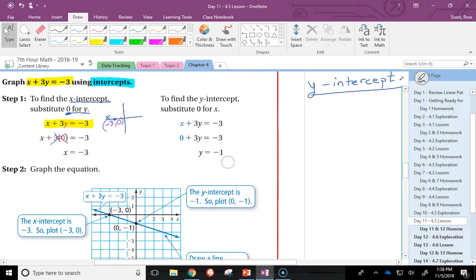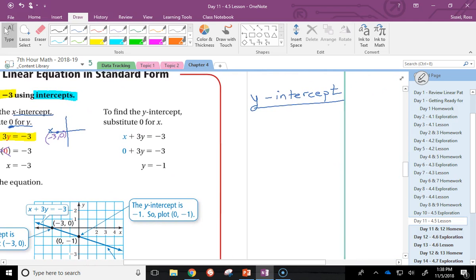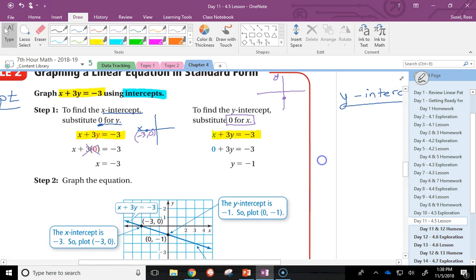We are going to scroll over to the y-intercept. It's the exact opposite. This time, we want to cross my y-axis. So I'm going to find a point. It's going to be on there somewhere. The way I do that is I'm going to substitute 0 in for x. Here's our original equation, the same one that's here, here, and here. X plus 3y equals negative 3. We made x 0. 0 plus 3y is just 3y.